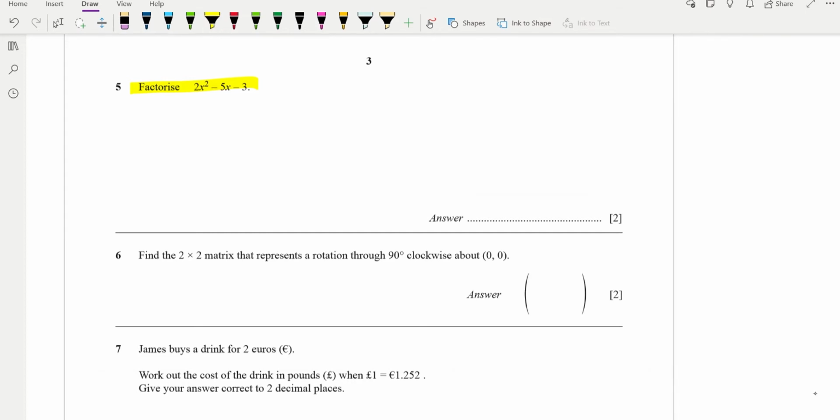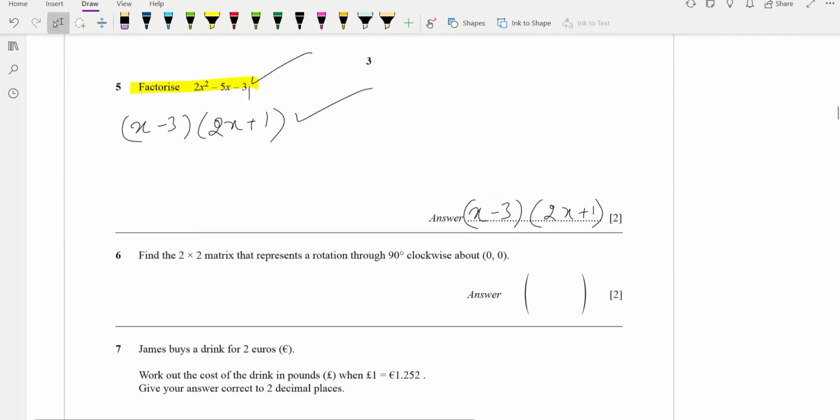So we will write this as x minus 3 and 2x plus 1. If we multiply, we will get x into 2x will be 2x squared, and so on. So this is fine. You can check whether you are getting this answer or not.